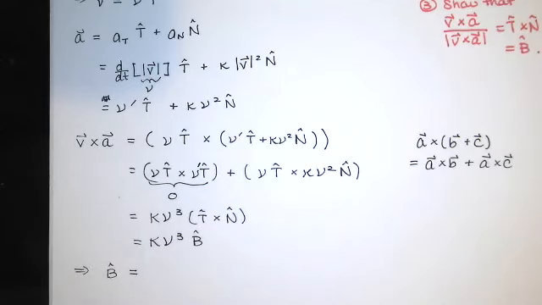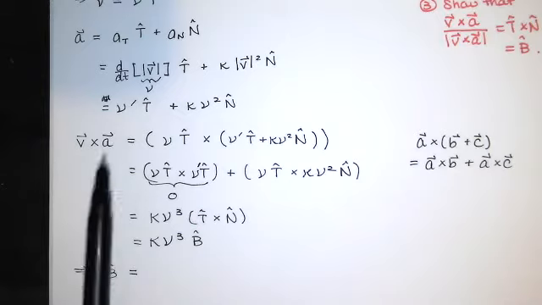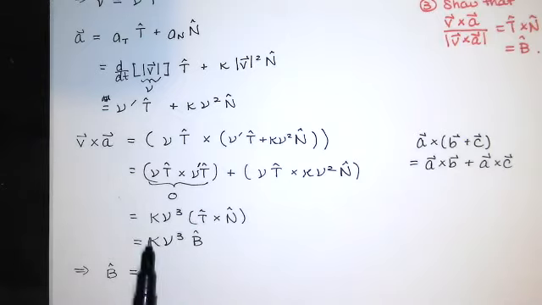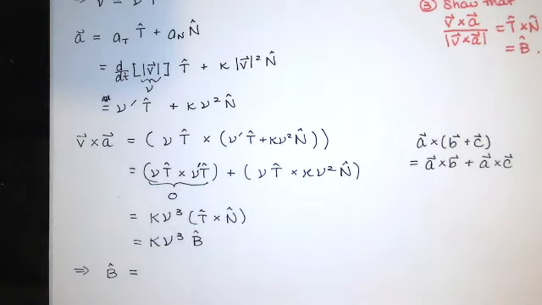You might say, well, how do you know that the magnitude of this is the same as that? Well, this is a unit vector. So this tells me that the cross product of velocity with acceleration is this scalar function times this unit vector. So the magnitude of this is this.